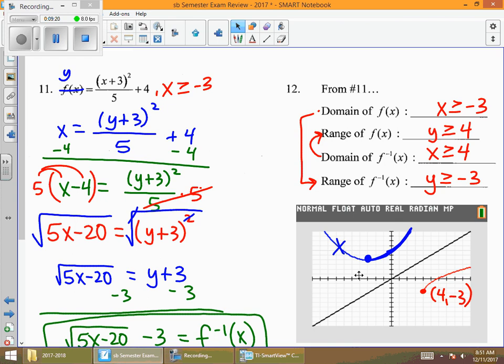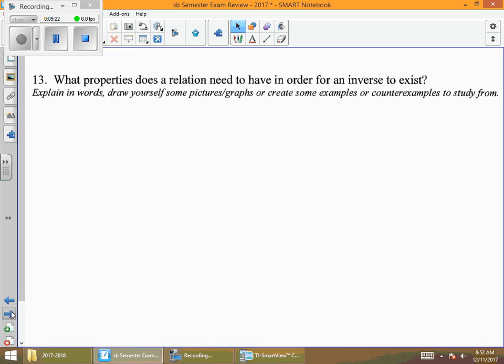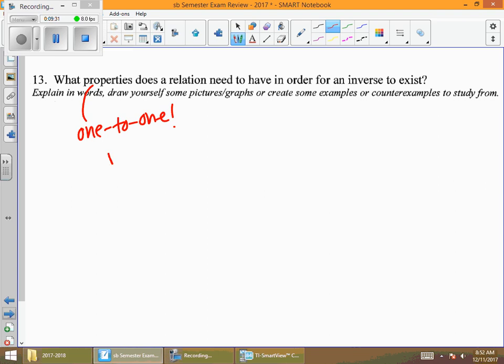Which brings us to our next question, which is what properties does the relation have to have in order for an inverse to exist? It has to be one-to-one. All right, which means it has to pass the vertical and the horizontal line test.